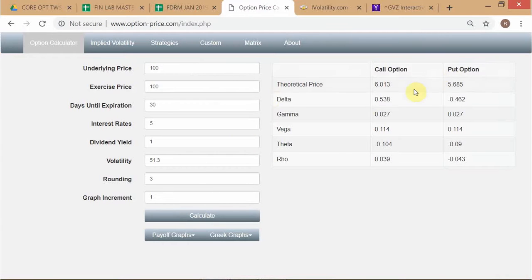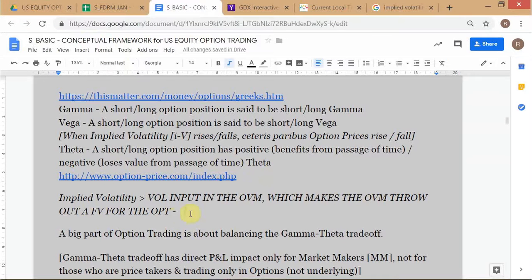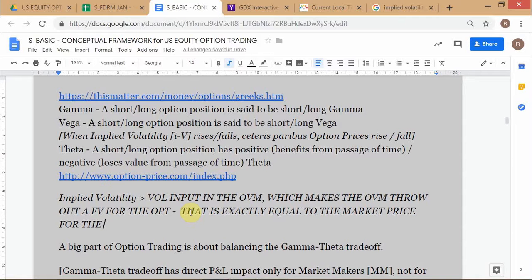The OVM throws out a fair value for any value that you put in, but we are interested in a particular vol input, like in this case 51.3, which makes the OVM throw out a fair value for the option that is exactly equal to the market price for the OPT.